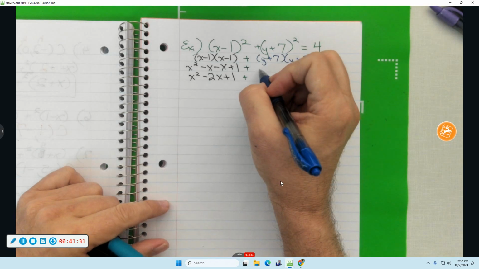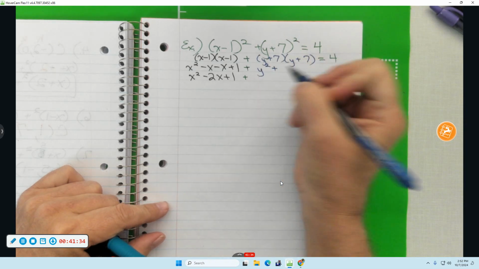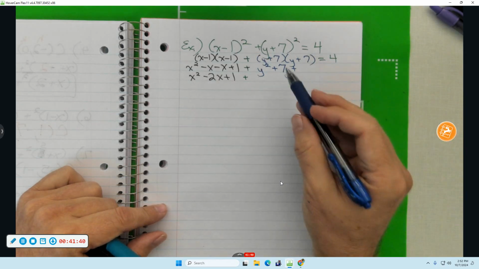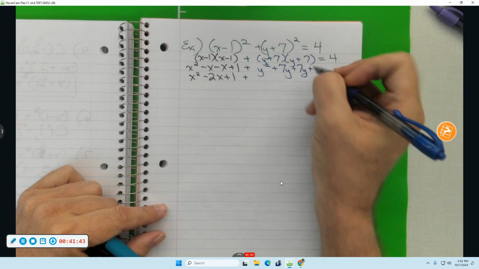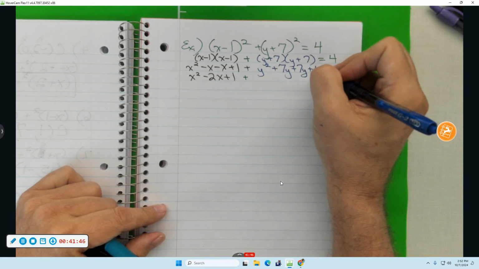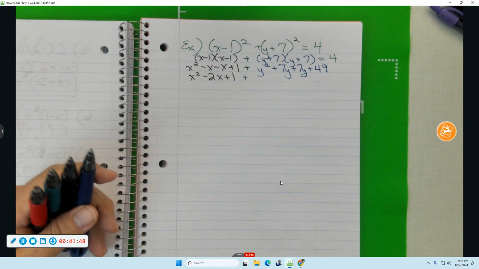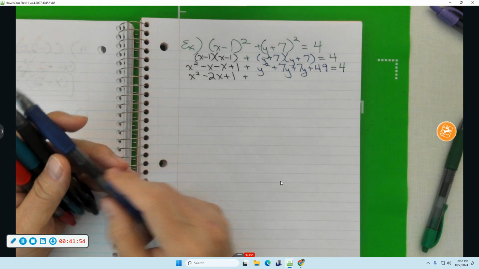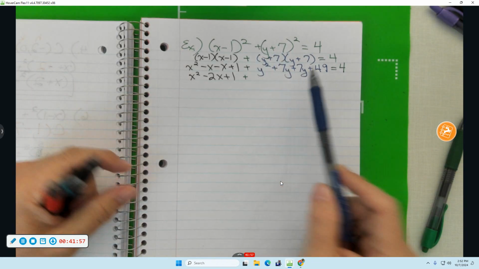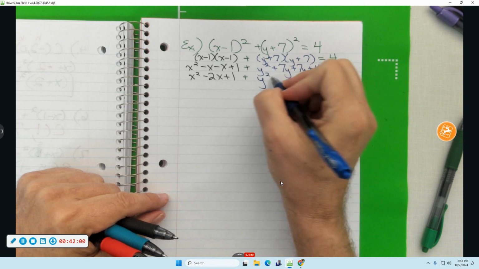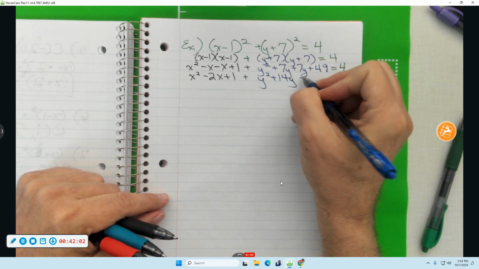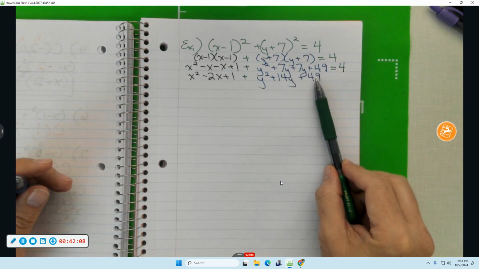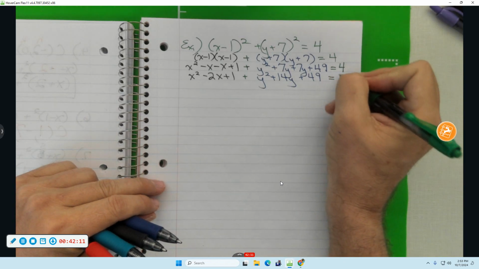First, outer, inner, another 7y, last, and we have a 7y plus 7y that we can combine to give us a plus 14y. So we have y squared plus 14y plus 49. We still have that equals 4.